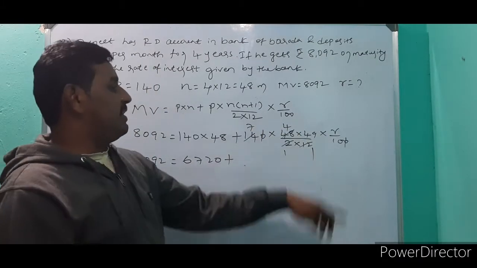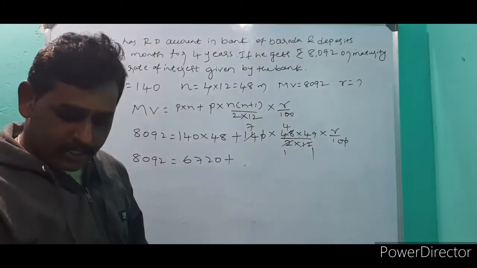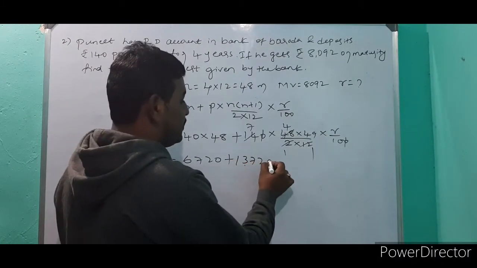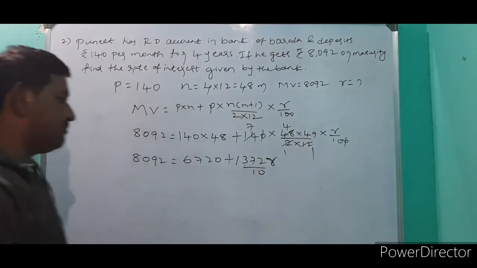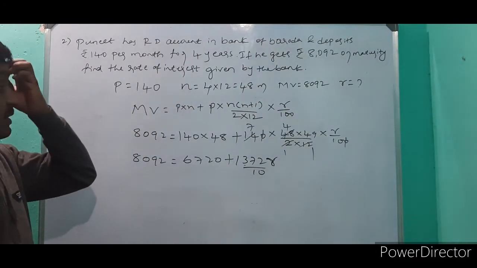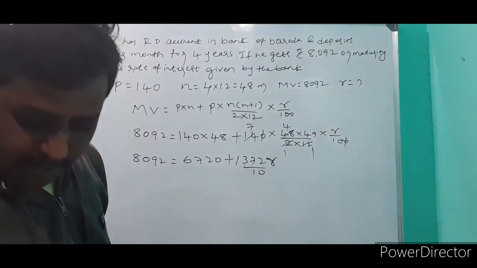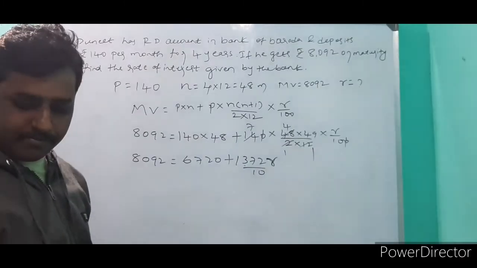If you multiply 7 into 4, 28. 28 into 49, if you multiply, you will get 1372 R divided by 10.